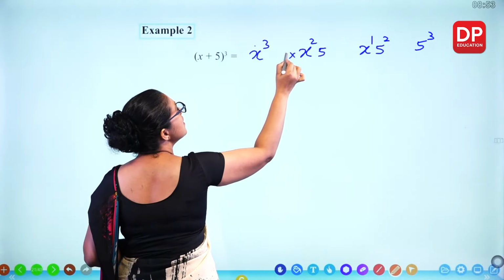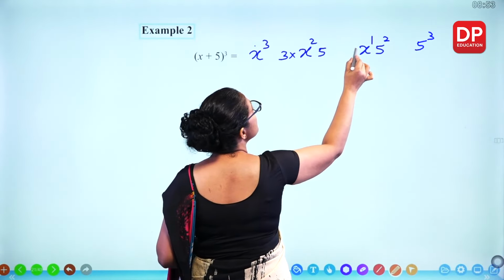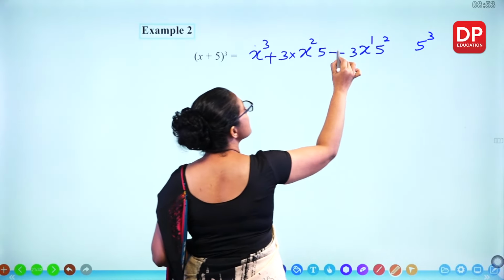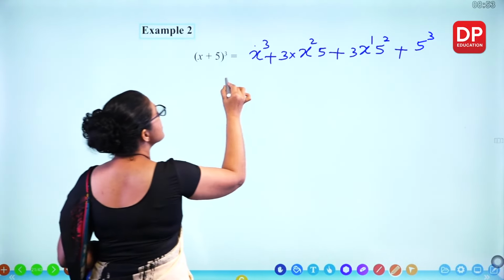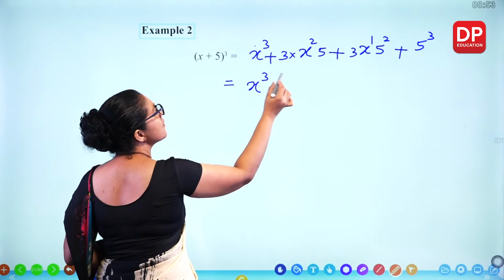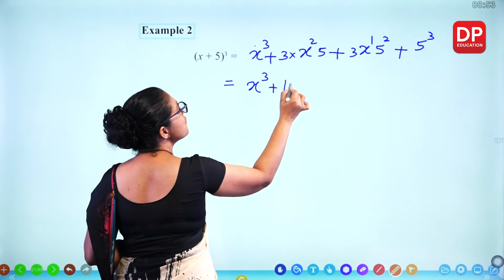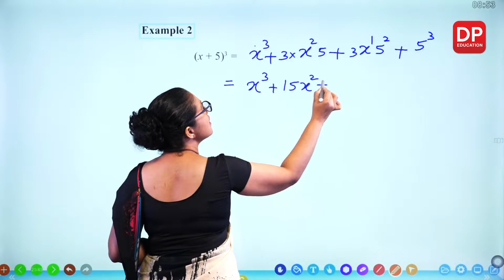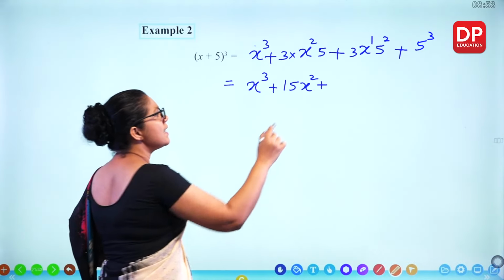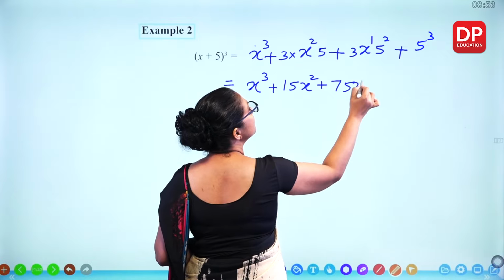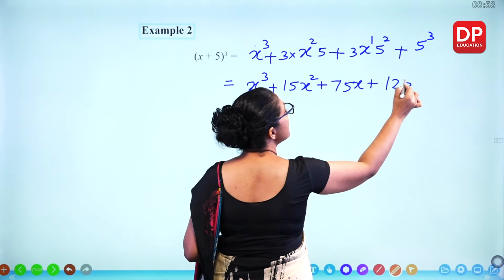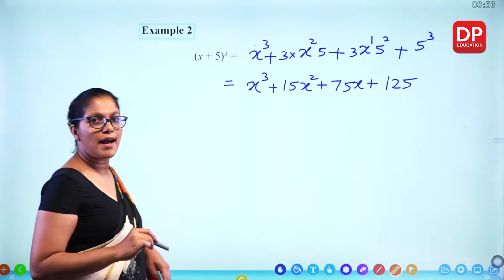There's a number 3 that comes, 3, and then all pluses. So what's the answer? x cubed. 5 times 3, 15. 5 times 5, 25. 25 times 3, 75. And 5 to the power 3, you get 125.